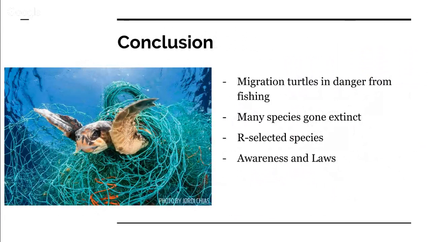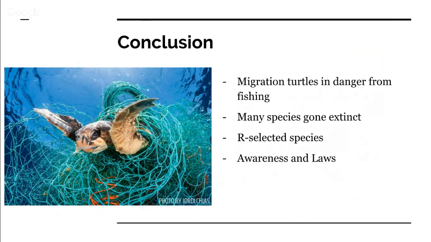So in conclusion, to wrap up, I just went and found some fun facts about turtles. Because there are several migratory turtles, they're always in danger from fishing. Hundreds of thousands of turtles are dying constantly throughout the year, and it's definitely a big deal, and definitely something to be aware of.